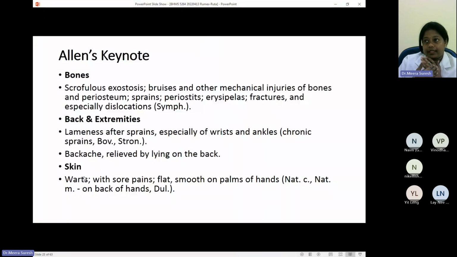And if it is on the back of the hands, it will be Dulcamara. Clinically, yes, we can give it because the exact location has been given, and when the exact location is given, that medicine acts better. But other than that, this point can also be important for MCQ purposes.